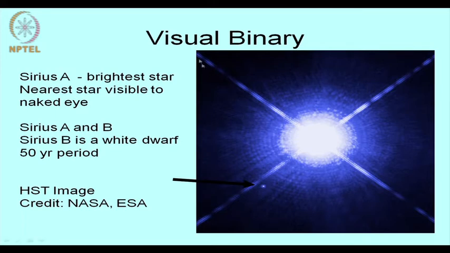So, a visual binary refers to a binary system where both the stars are visible in a photographic plate or an image of the sky.